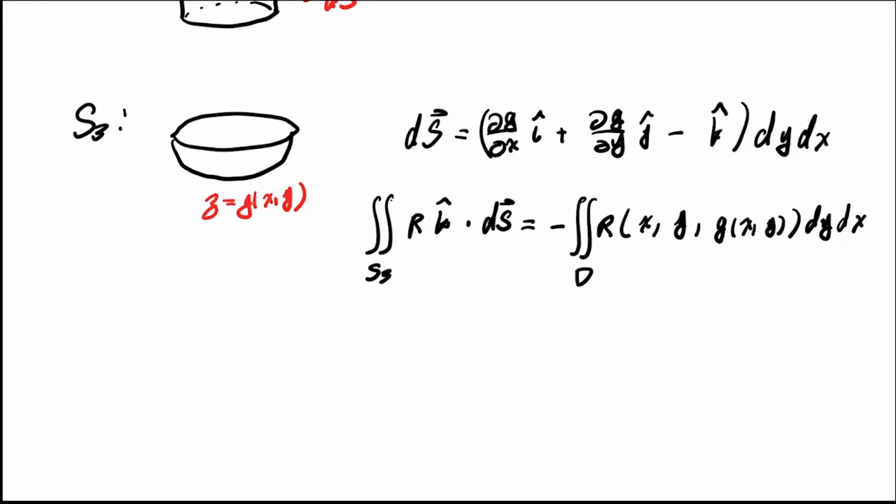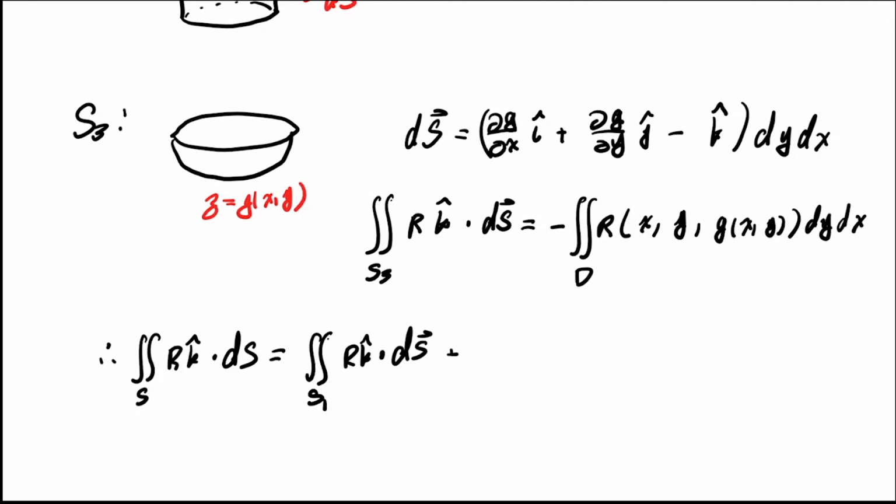Okay, now we'll add them up. So our integral over the entire S of R k vector dot dS is the integral over S1, plus the integral of this thing over S2, and the integral over S3, isn't it?